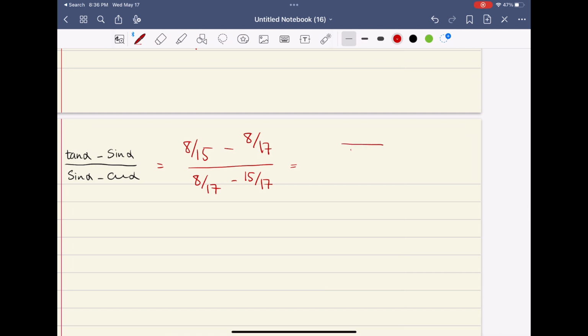So I'm going to multiply 17 to the numerator and the denominator of the first fraction. So 8 times 17 minus 15 times 8 over 17 times 15, over minus 7 or negative 7 over 17.